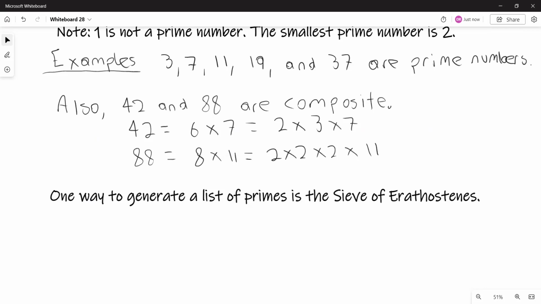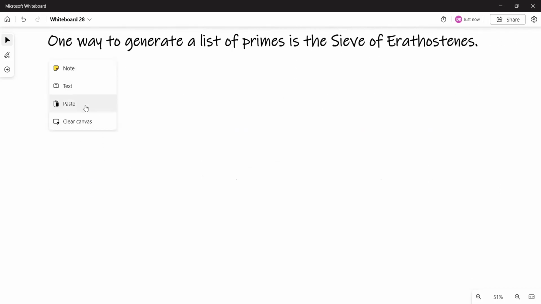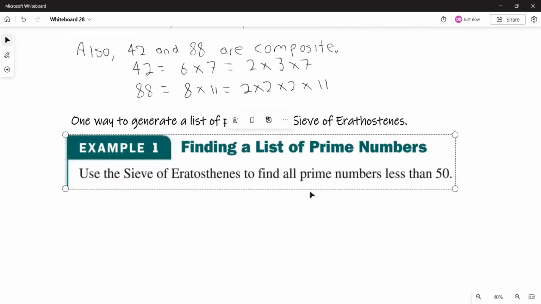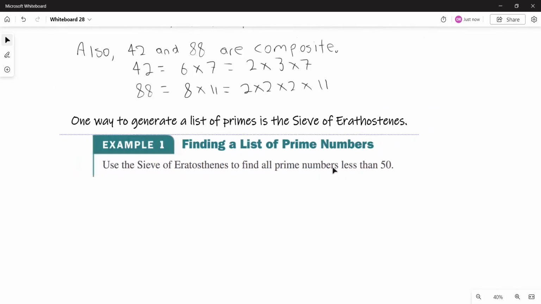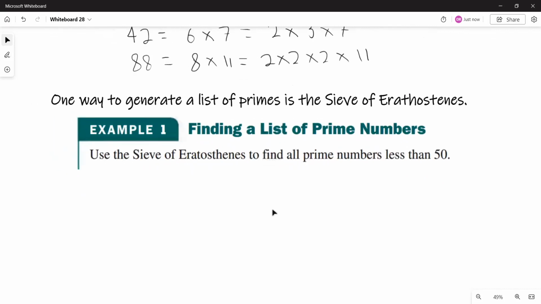I cannot think of a clear way to define it. So I'll do the example in the book to show you how this works. This is also on page 239. We're going to use the sieve of Eratosthenes to find all prime numbers less than 50.